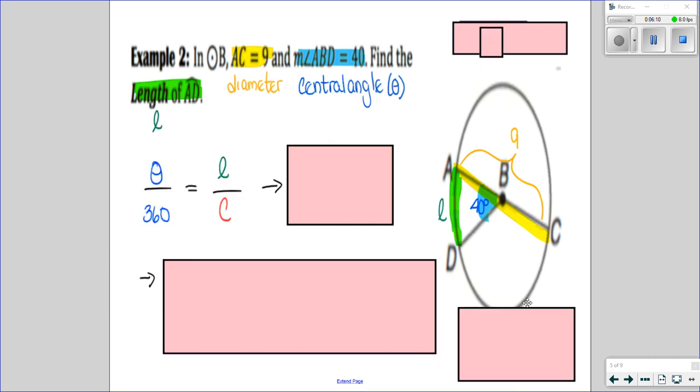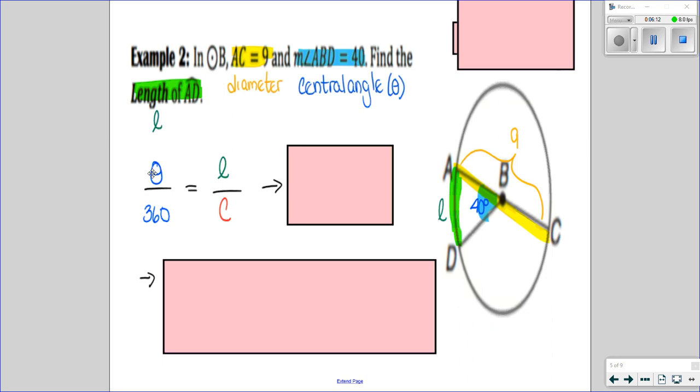Using our formula, theta, that's the name of this symbol, which represents angle, over 360. 360 represents the circle. A circle has 360 degrees. That equals L, the arc length, over C, the circumference.